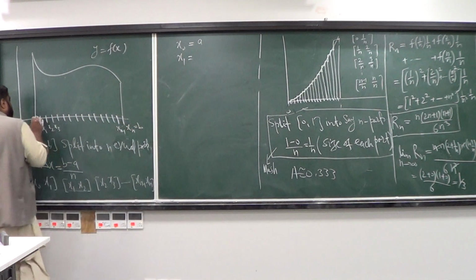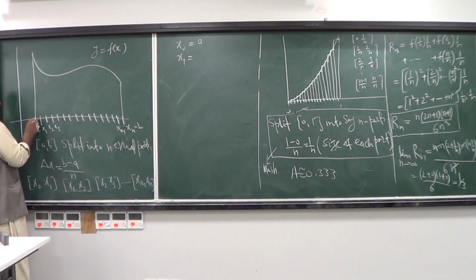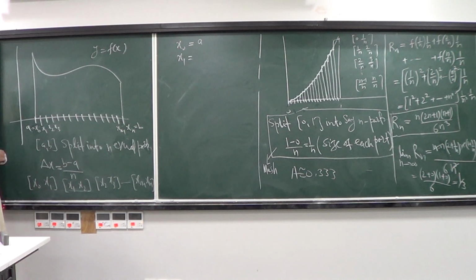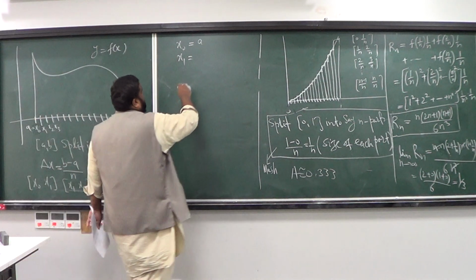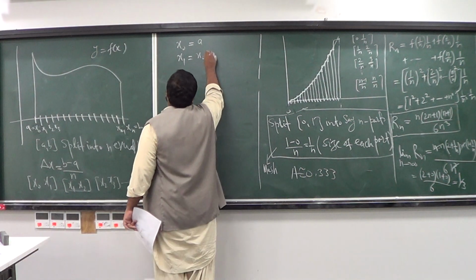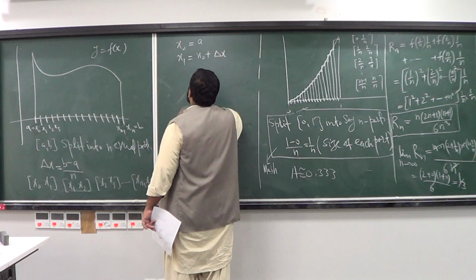So take this x0 and add the length of the interval, and you're going to reach x1. Now what is the length of the interval? The length of the interval is delta x, which is fixed. So x1 is going to be x0 plus delta x. Okay?